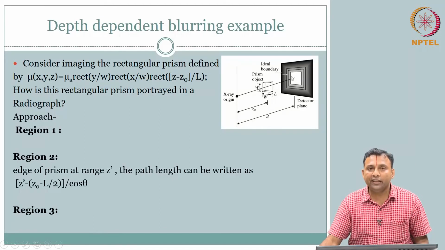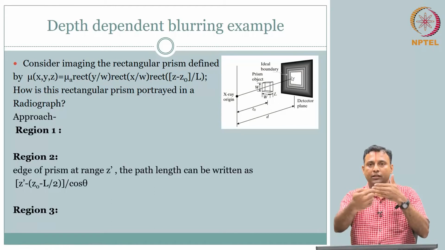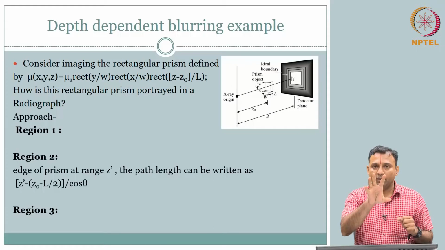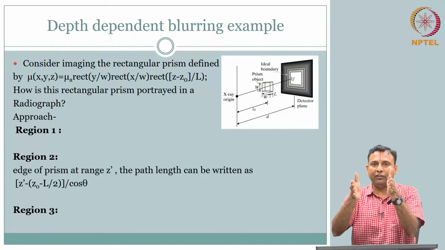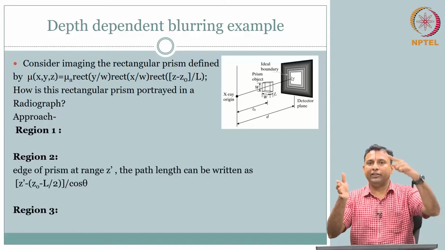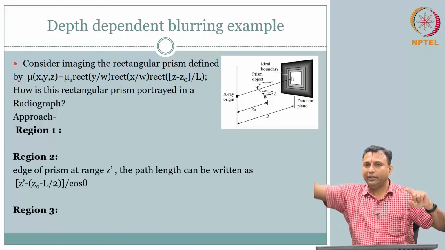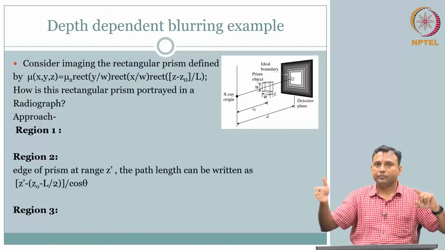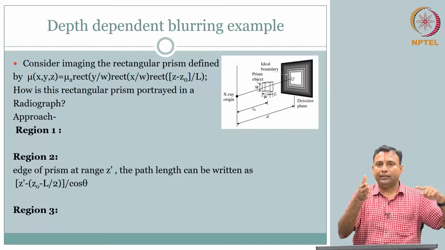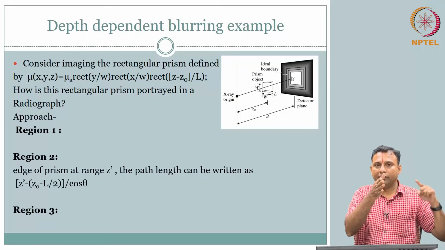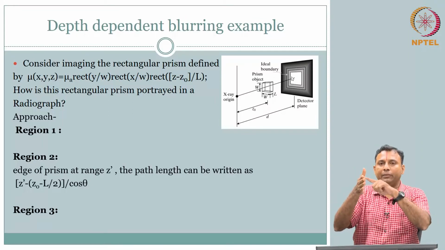What is new here is, I have a front face and a back face, and the diverging X-rays are coming. This is my back face, this is my front face, and here is my detector plane. It could happen that the X-rays enter the front face, but do not go through the complete path length.